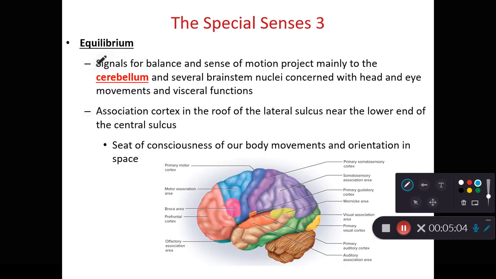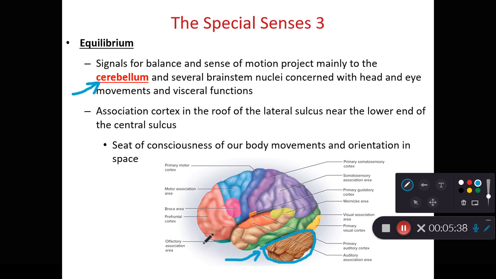As we're looking at keeping our sense of balance or our sense of equilibrium, we're going to have a lot of that processed within the cerebellum. So we have our sense of balance, our sense of motion. We have the cerebellum down here, shown in brown, circling it in blue, helping us to keep our equilibrium. There are also several nuclei within the brain stem that are going to be associated with keeping our head and eyes moving appropriately. The association cortex for equilibrium is going to be located on the roof of the lateral sulcus.